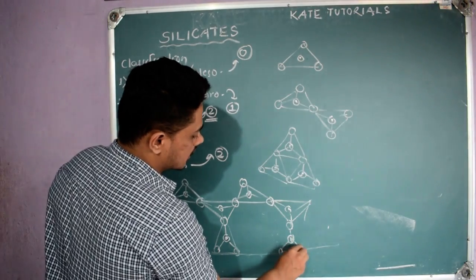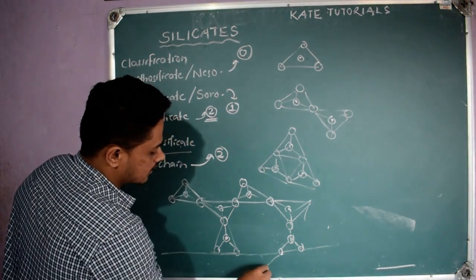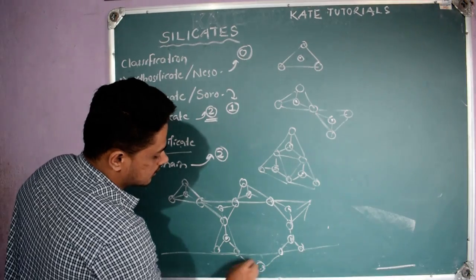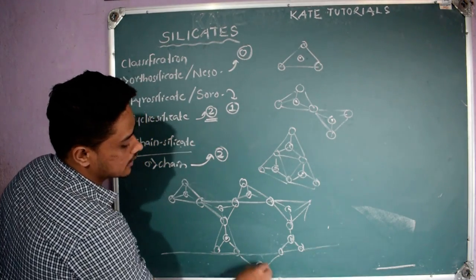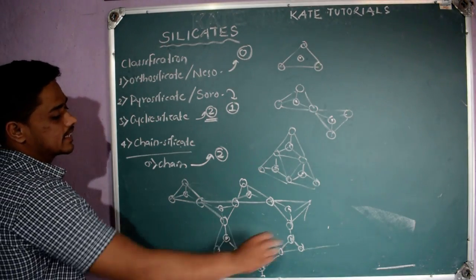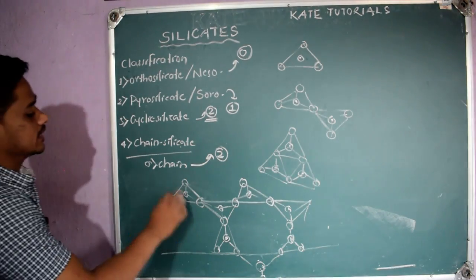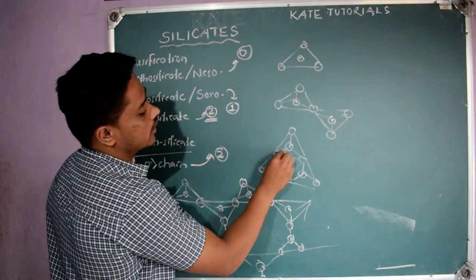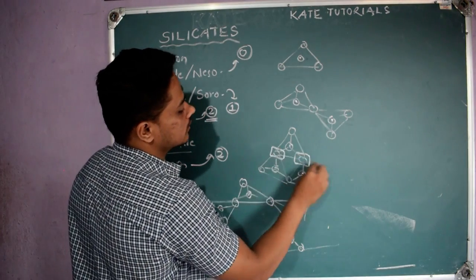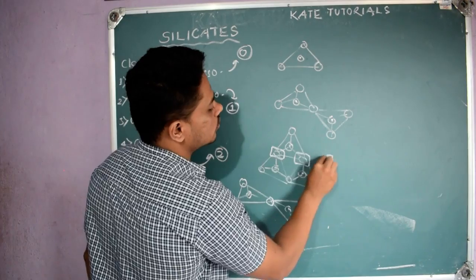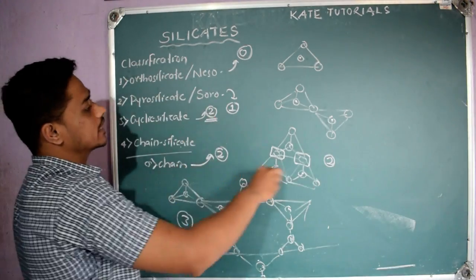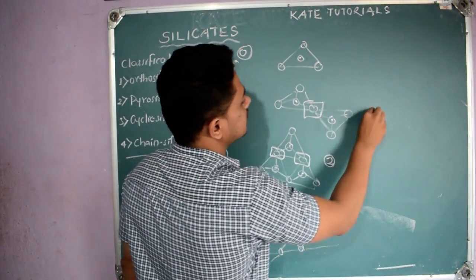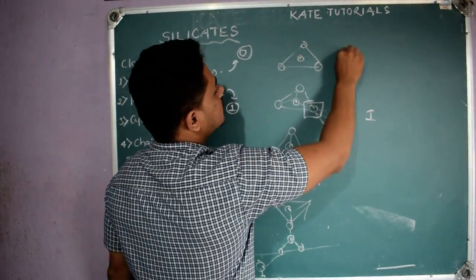Further, here 1 silicon is linked to this. They will form a sheet-like structure, in which in sheet 3 oxygens are shared. In cyclic structure only 2 oxygens are shared. In pyrosilicate only 1 oxygen is shared. In orthosilicate 0 oxygens are shared.